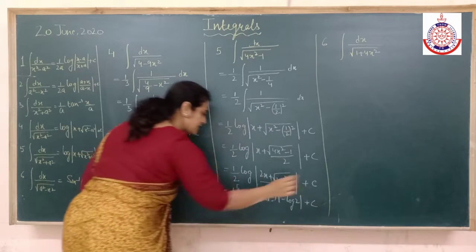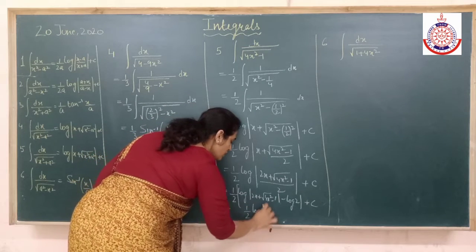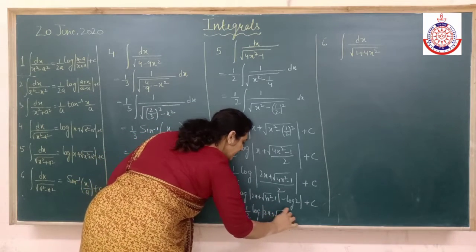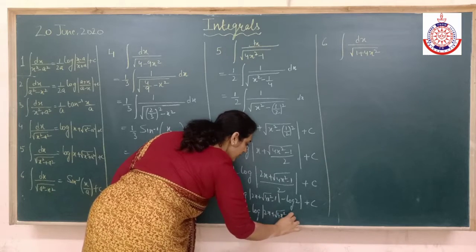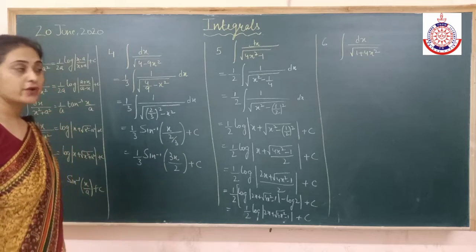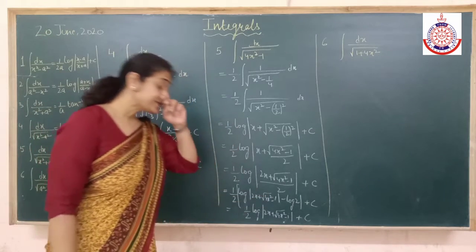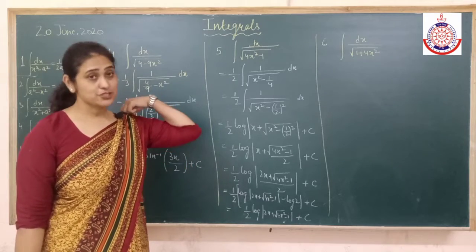So this is a constant that will be adjusted with c. So I am left with 1 by 2 log 2x plus under root 4x square minus 1 plus c. So this we can do. Alright children, clear? I hope it's clear to you. So simplification till it is possible you must do it.